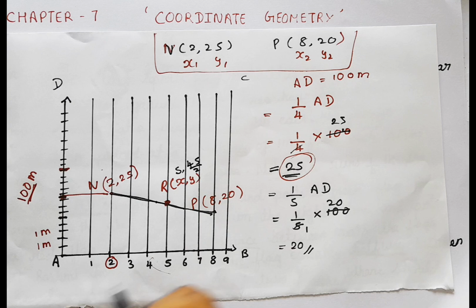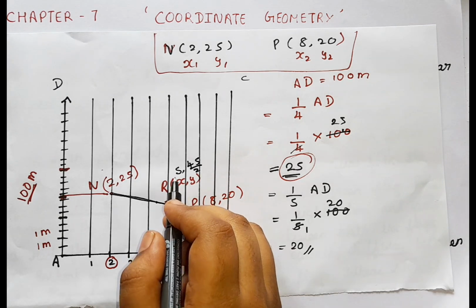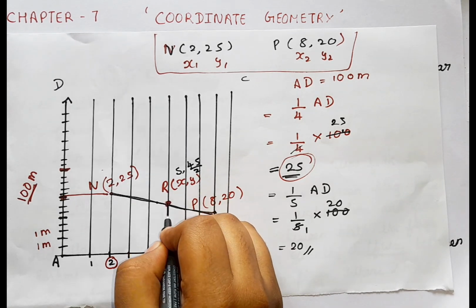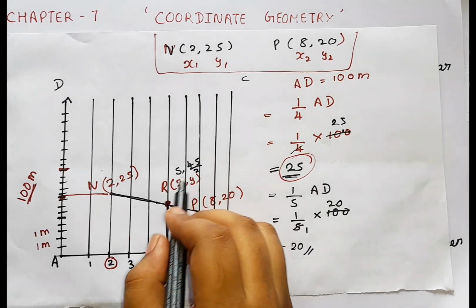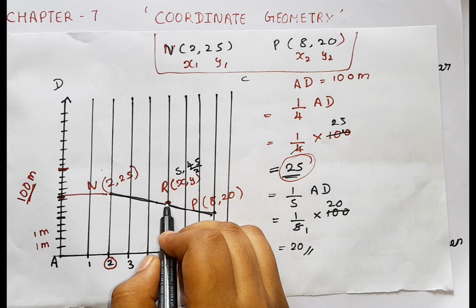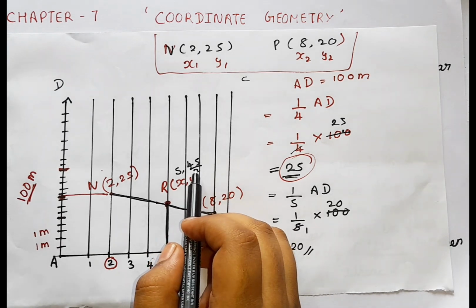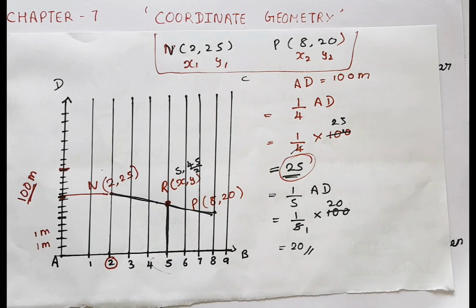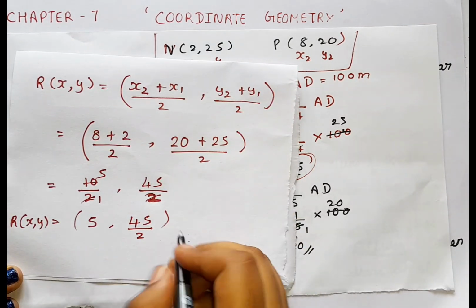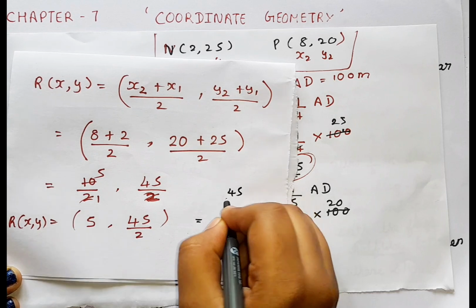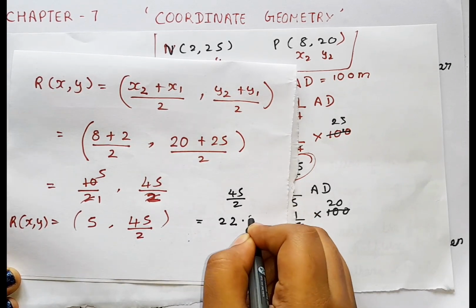What is the meaning of this? 5 means she's running on the 5th line. So when you just come straight, of course she's running on the 5th line. After finding the coordinates only, we got to know she's running on the 5th line. And the meaning of 45 by 2: if you just divide 45 by 2, we'll get 22.5.